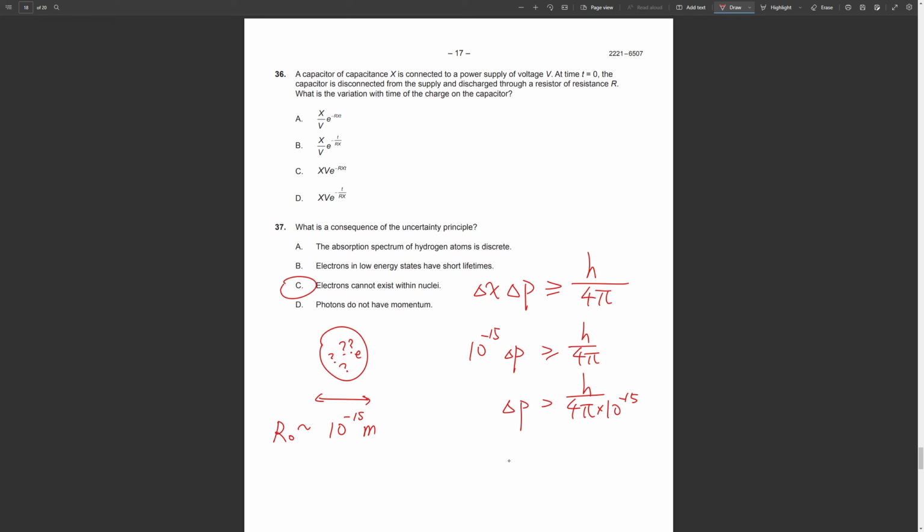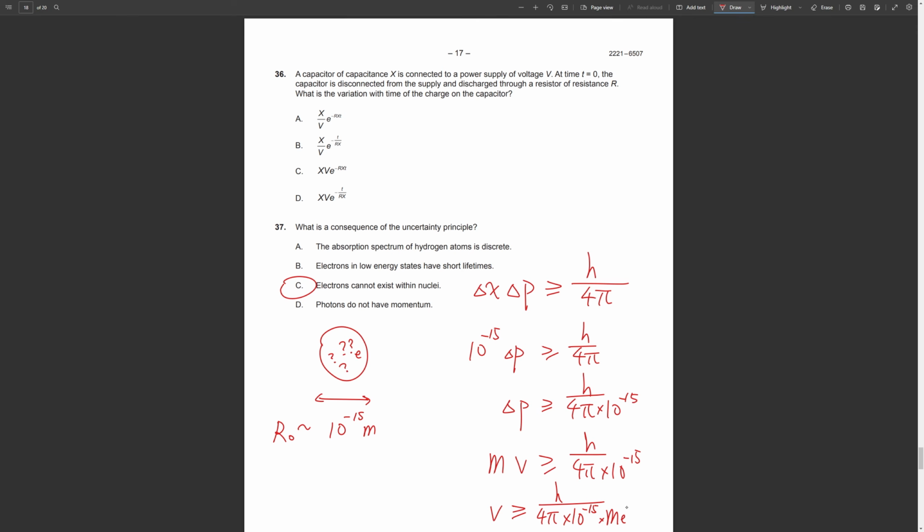Also, the momentum of the electron is the product of its mass and its velocity. So, you have h over 4 pi times 10 to the power of negative 15. Lastly, you have v being the subject, then you will show h over 4 pi times 10 to the power of negative 15 times the mass of electron.